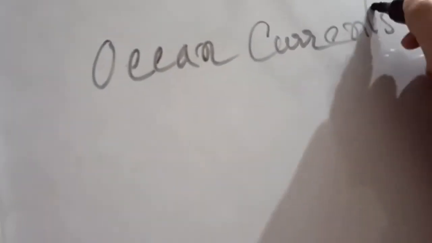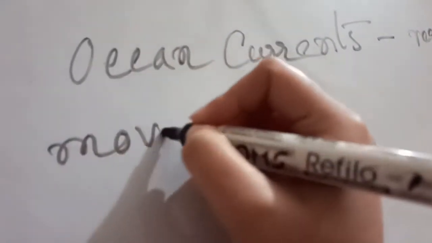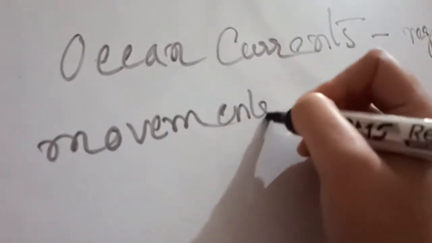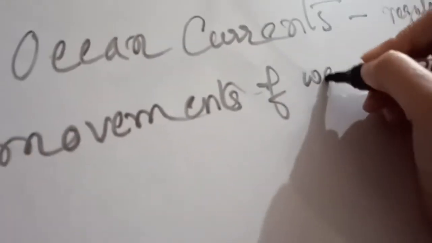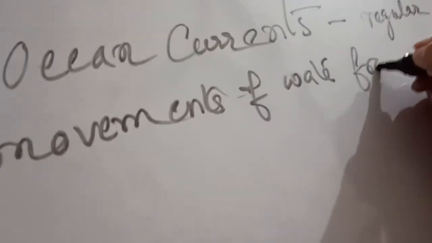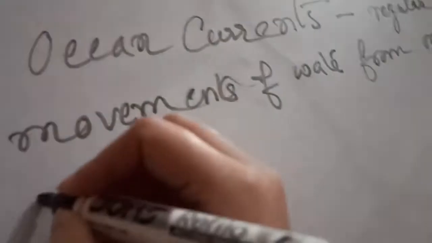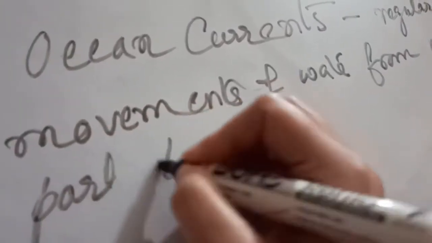The next portion is the ocean currents. The ocean currents are very similar to winds. It means ocean currents are actually the regular movements of the water from one part of the ocean to another part.